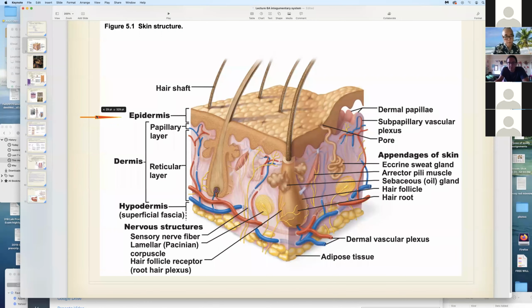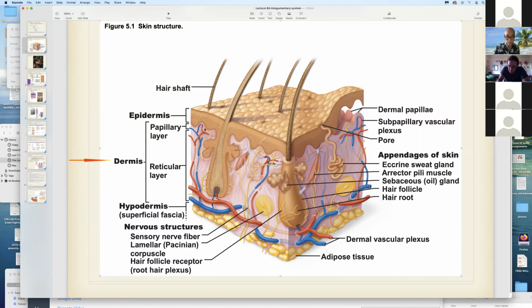So epidermis, largely we are just dealing with the stratified squamous epithelial cells. And then we get down to the dermis layer. Here you're dealing with the dense irregular connective tissue. And then you also have these two sets of layers in the dermis.